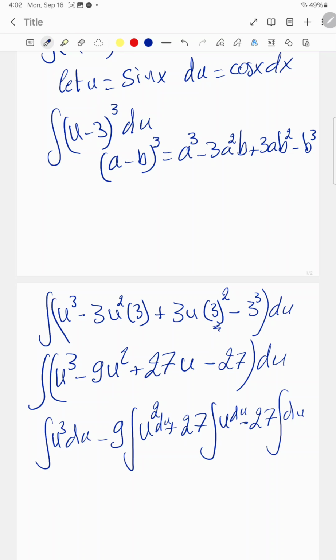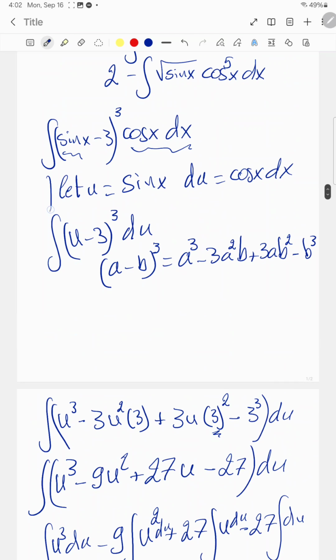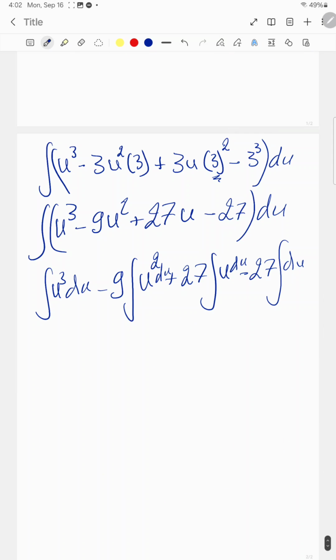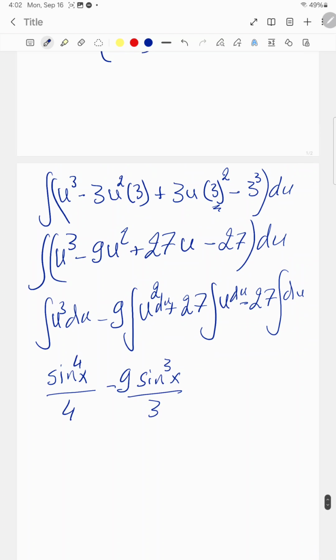I will replace u by sin x, because we said my u is equal to sin x. So the integral of u^3 is u^4 divided by 4, which is sin^4 x divided by 4, minus 9 sin^3 x divided by 3, plus 27 sin^2 x divided by 2, minus 27 sin x, plus c.